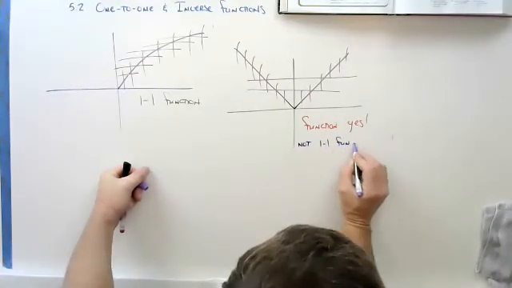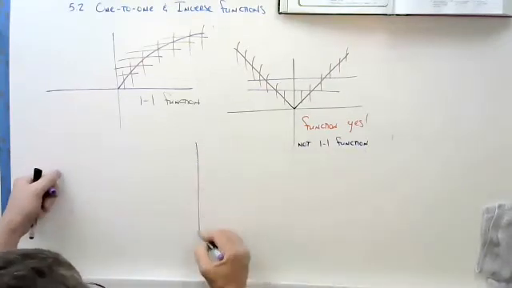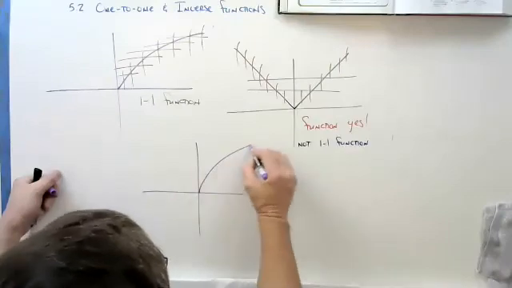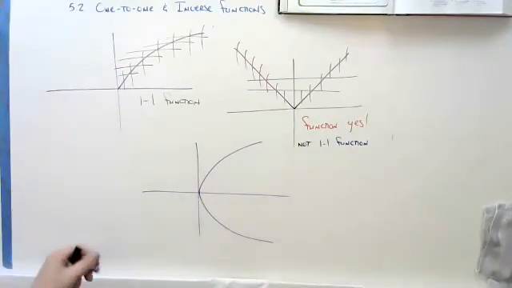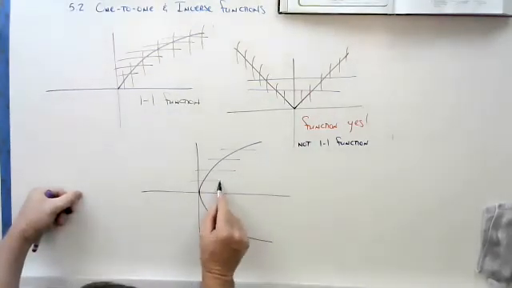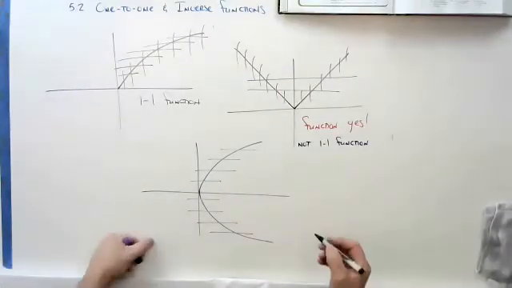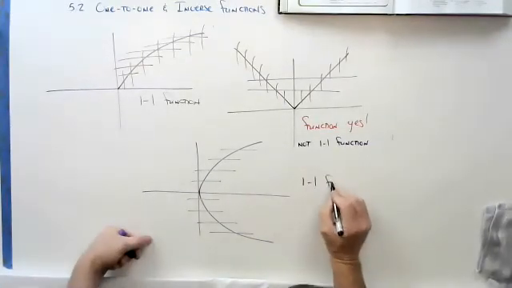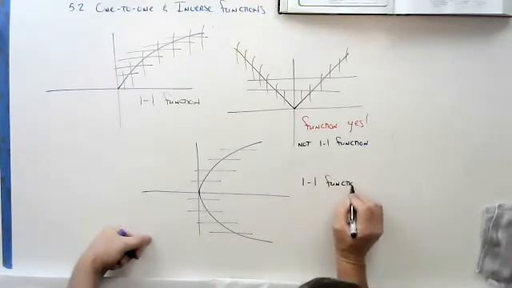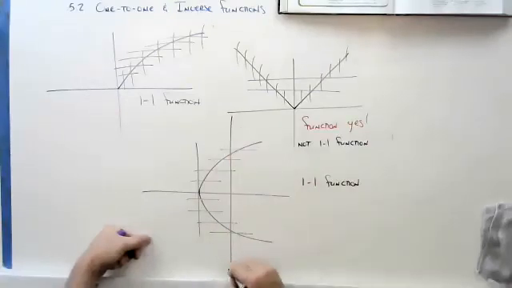Then this is what they sneak in on question 12. Question 12, they always do this. They always sneak this in on question 12. And then you go like this. You're like, oh, yeah, look at that. Pass the horizontal line test, one-to-one function. We all know that's wrong. It's not even a function.